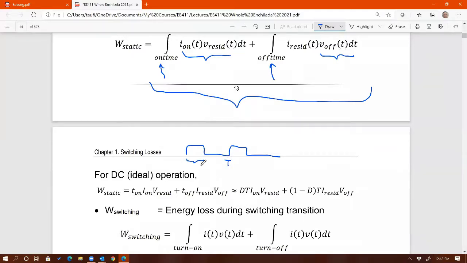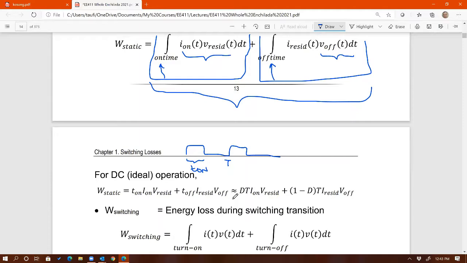So the duty cycle D is equal to T on over T. This portion of the equation I can simplify to be equal to T on, the amount of time the switch is fully on, times I on, practically DC, times V residual, again practically DC, plus the second portion: T off, the amount of time the switch is fully off, times I residual, which is again constant, and V off, which is also constant.